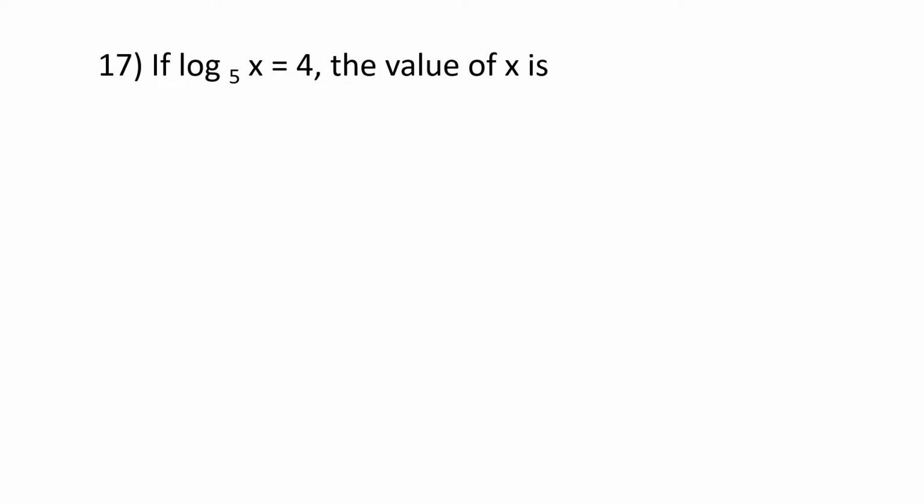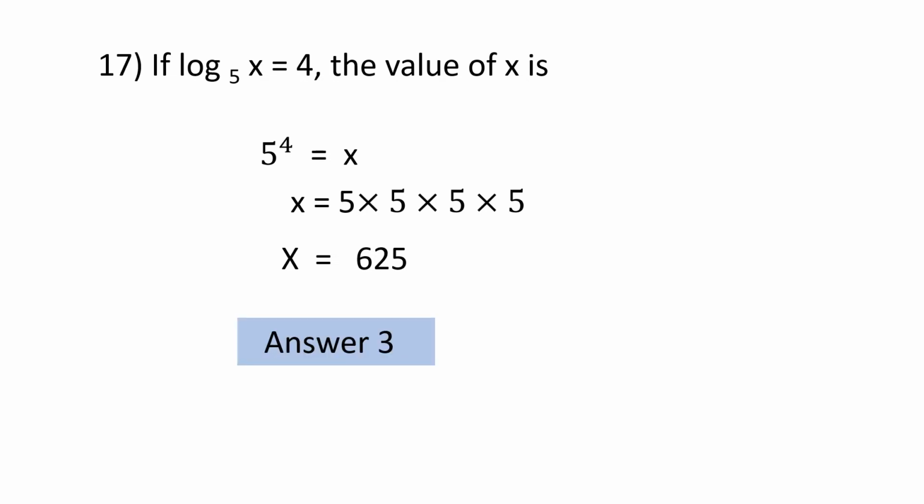So you can write this as 5 to the power 4 is equal to x. Now we want to find the value of x. x is equal to 5 multiplied by 5 multiplied by 5 multiplied by 5. So the value is 625. The answer from the given answers is answer 3.